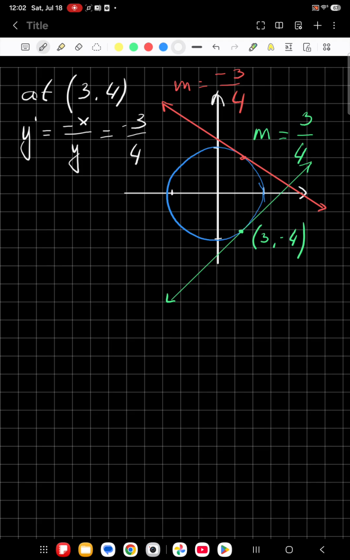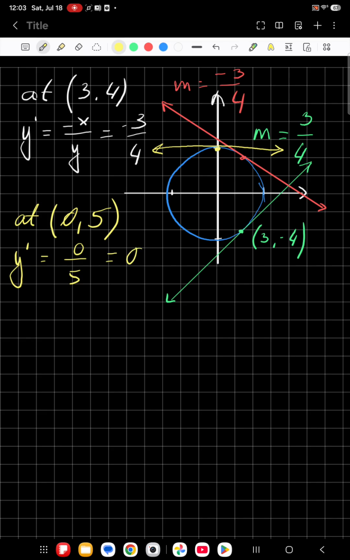Another point could be maybe this point, at (0, 5). And you see what's going to happen: at (0, 5), the tangent line will be horizontal. Slope is 0. So y prime would be 0 over 5. So you see that the slope is 0.